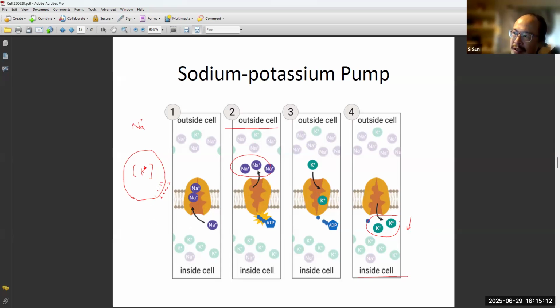This gave the foundation that the charge across the membrane is not equal. Inside is relatively more negative, and outside is relatively more positive. That is the sign of a living cell.